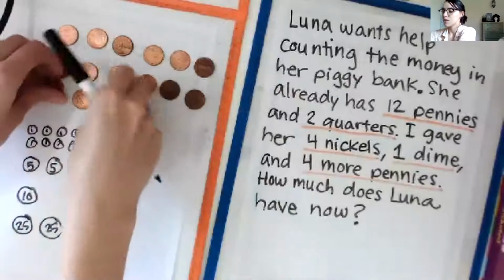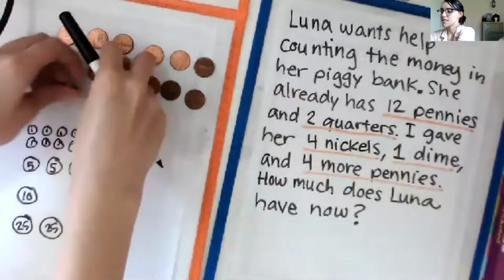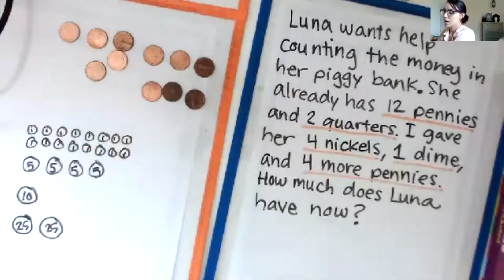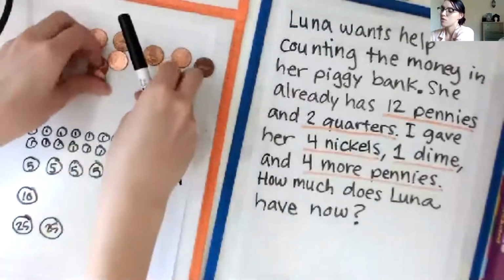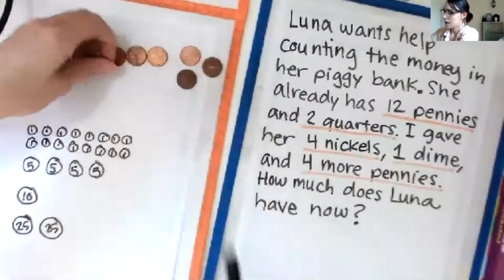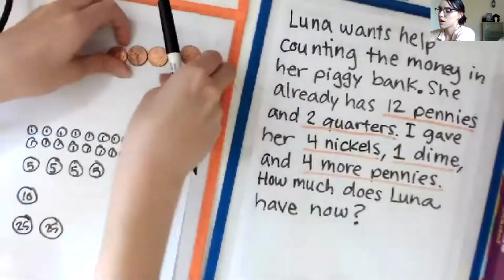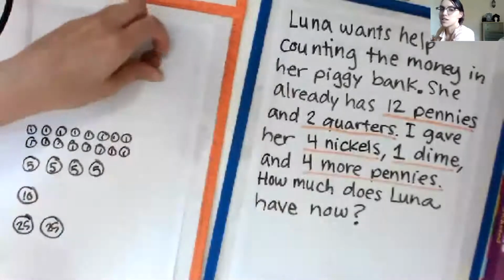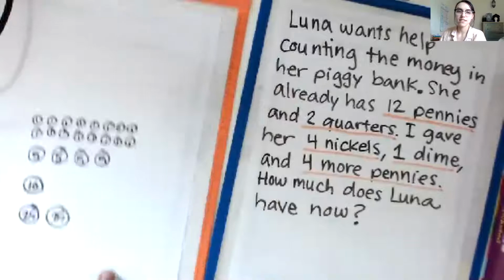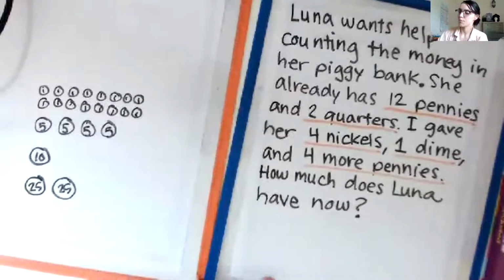All right, so now we have finished the D and RDW, and it's time to solve. Remember, the first way that we looked at on our anchor chart for solving how much money we have is by simply counting up, okay?